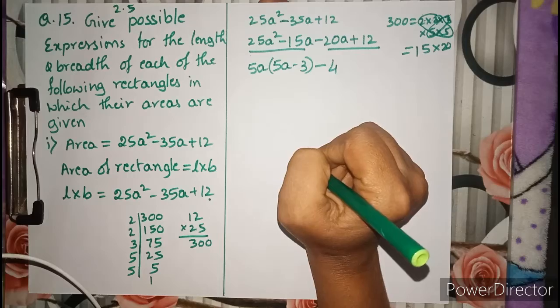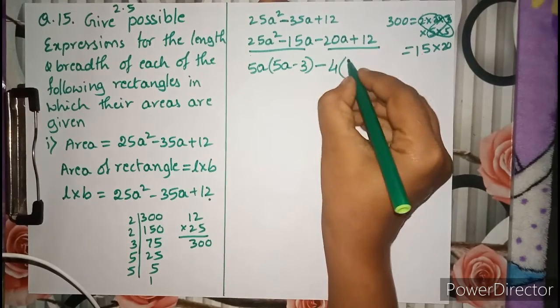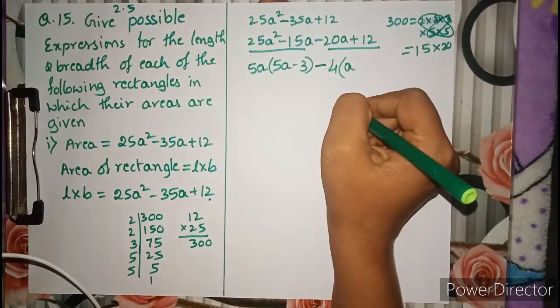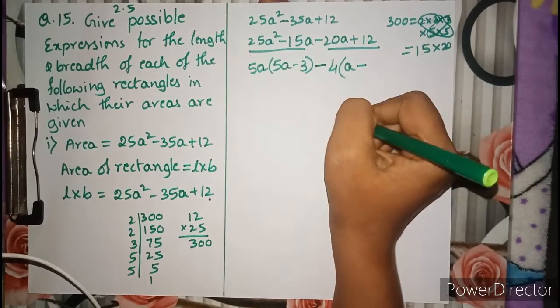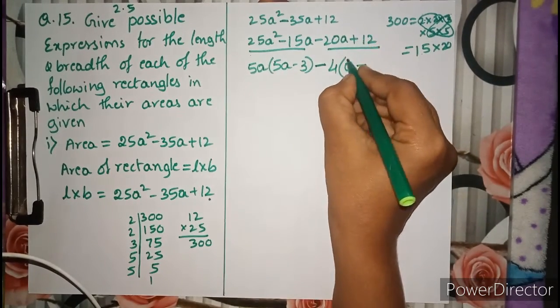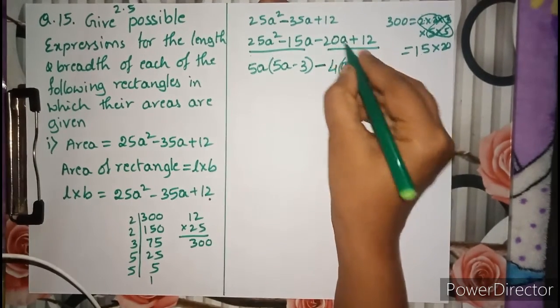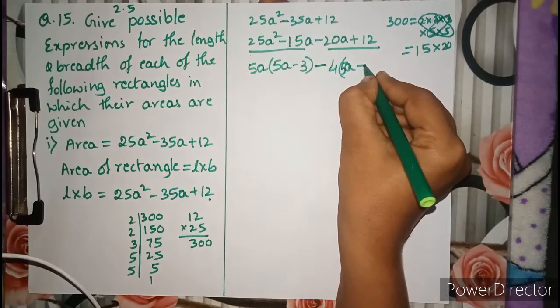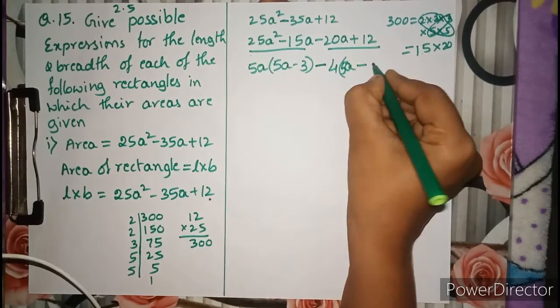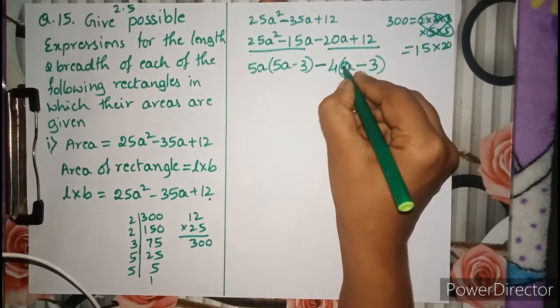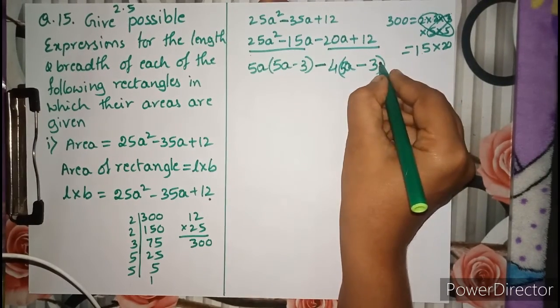So 4 is a common factor. We have a minus sign outside, so it becomes minus. Sorry, this is 5a: 4 into 5 is 20a, minus into minus is plus, 4 into 3 is 12. The remaining factors are 5a minus 3.